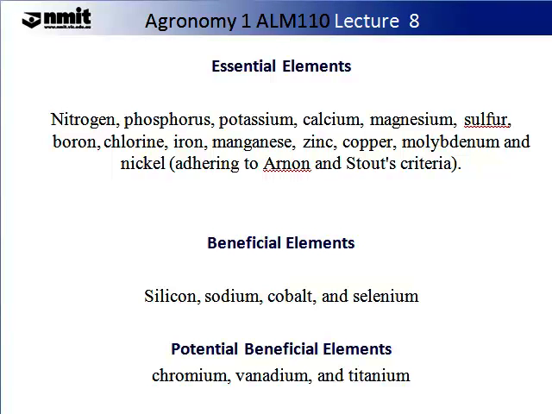Other elements may be beneficial to plants. These have been recently cited as such, and they include such elements as silicon, sodium, cobalt and selenium. There are other elements that have been hypothesized as being beneficial elements, but to date have not been proven. This is chromium, vanadium, and titanium.